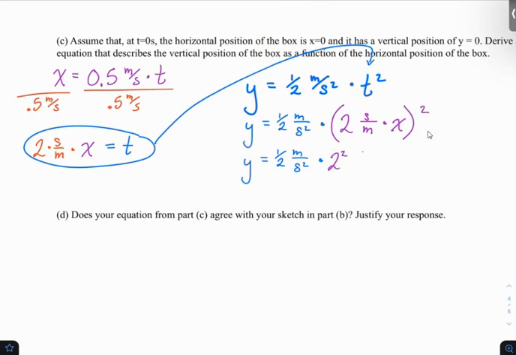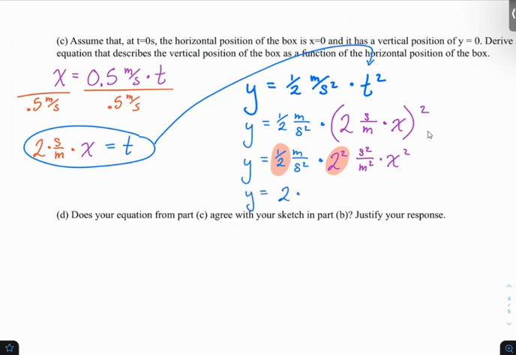So I'm going to end up with 2 squared times seconds squared over meters squared times x squared, because I have to square everything. I can combine the 1/2 and the 2 squared, because that's 4 times 1/2, which is 2.